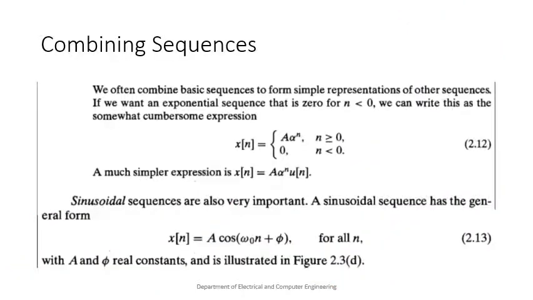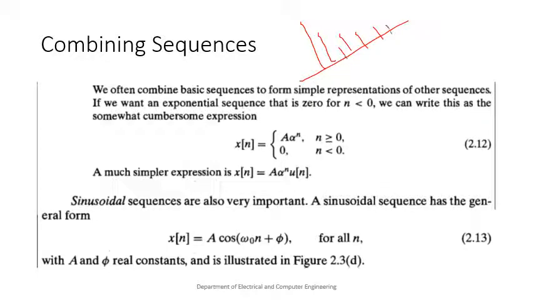Okay, so we do not have any picture, but I'm just going to draw it. For alpha between 0 and 1, we will have a sequence like this, starting from, let's say, 0, and it is decaying.